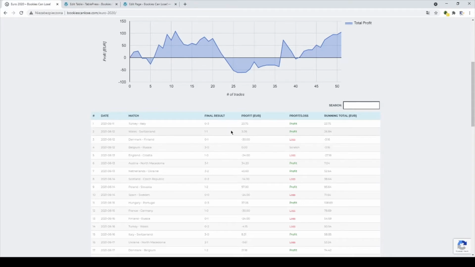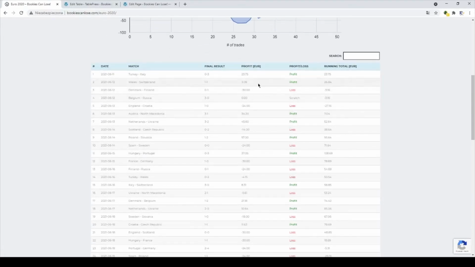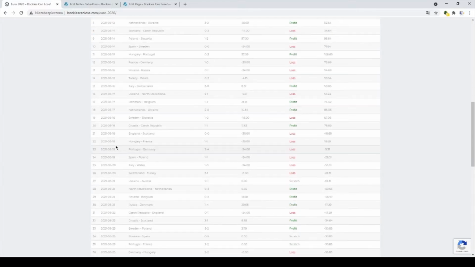So what was my approach? The initial liability for every trade was 24 or 30, and you can see there were trades that didn't go my way, and I just lost my stake.